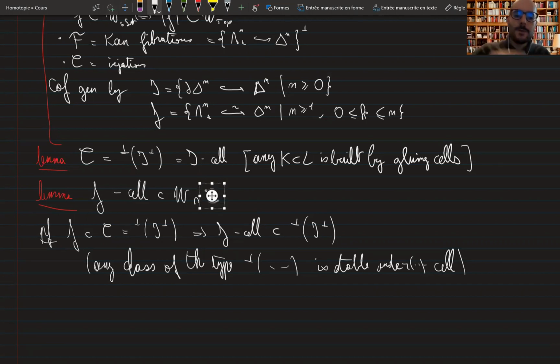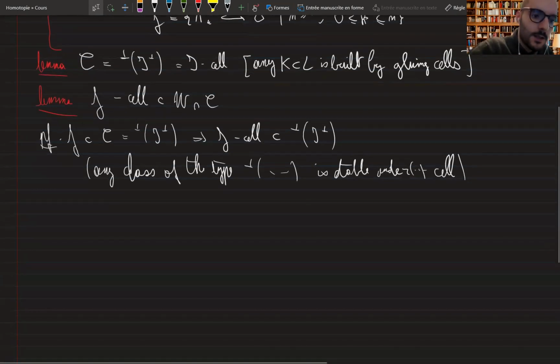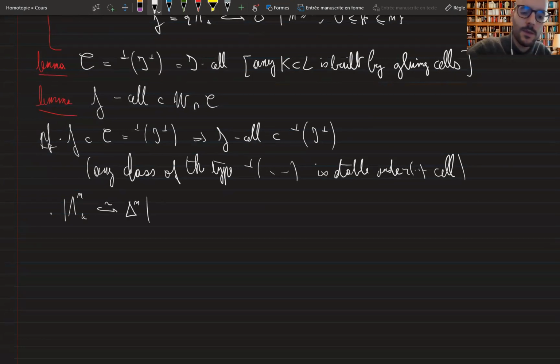All right. So we have the first part of the inclusion. Now we need to prove that anything which is built from J using pushouts is still a weak equivalence, which is to say that the geometric realization of a map built from J by pushout is a weak homotopy equivalence. All right. So to prove this, first of all, the geometric realization is something that I mentioned briefly before.